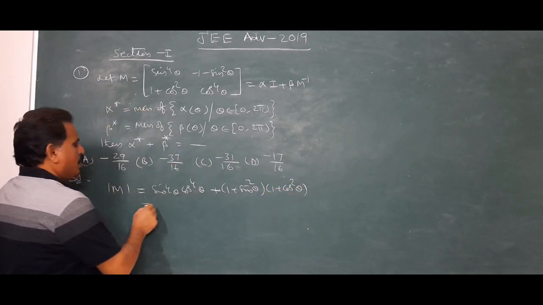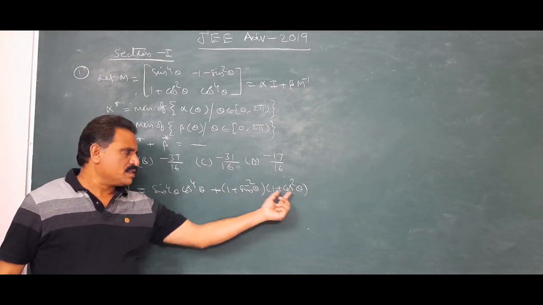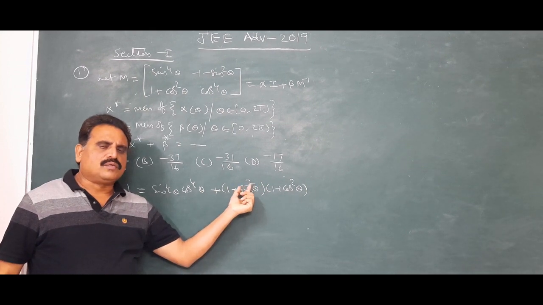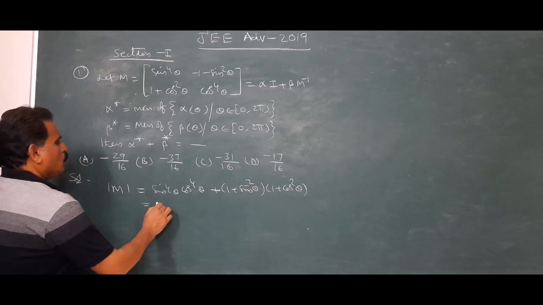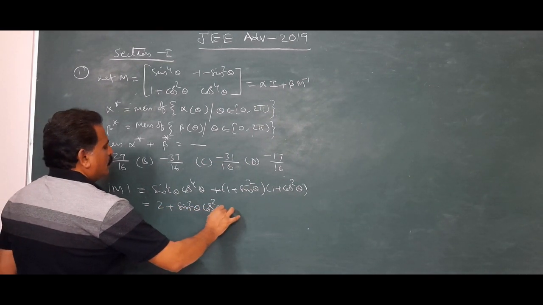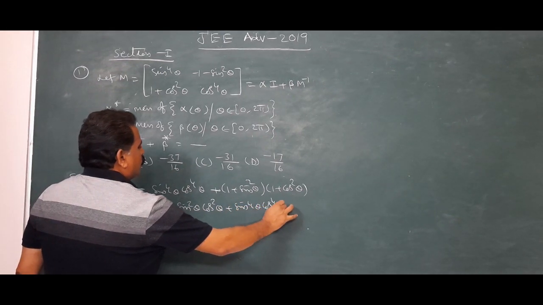After multiplication we get 1 plus sin²θ plus cos²θ plus sin²θ cos²θ. Sin²θ plus cos²θ is 1, 1 plus 1 is 2. So we get 2 + sin²θ cos²θ + sin⁴θ cos⁴θ.